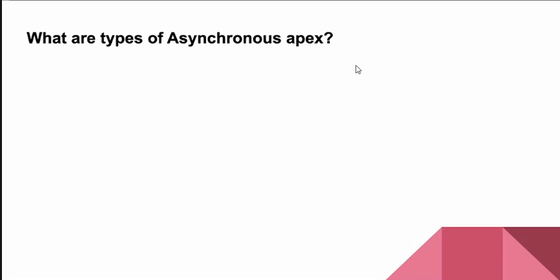So if we talk about the future method, when we are talking about web callouts, that time we use the future method, and for solving mixed DML errors we use the future method. A mixed DML error happens when we are using setup objects and non-setup objects in one single transaction, and to stop that error we use the future method.